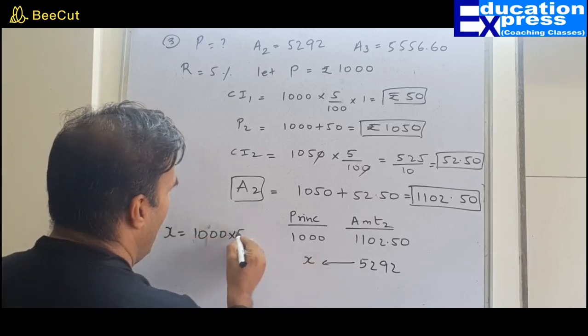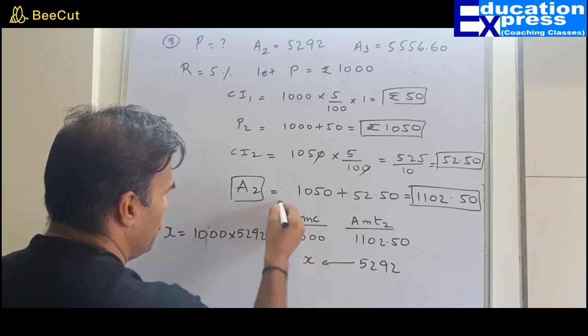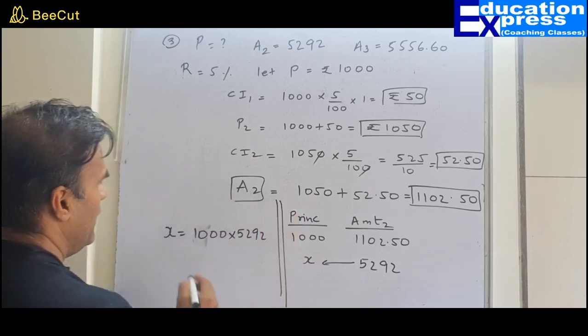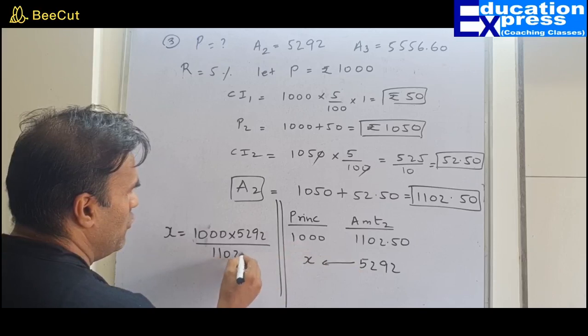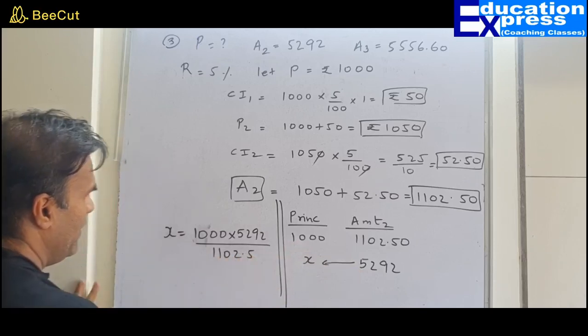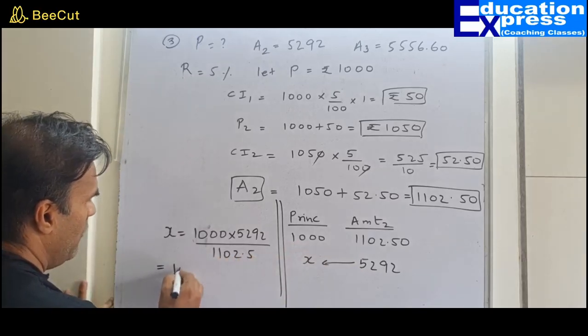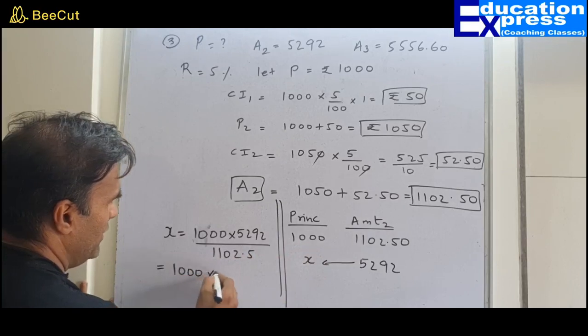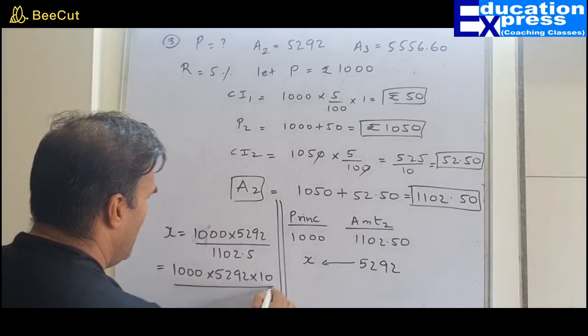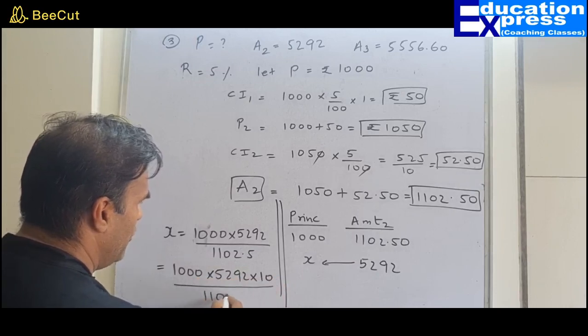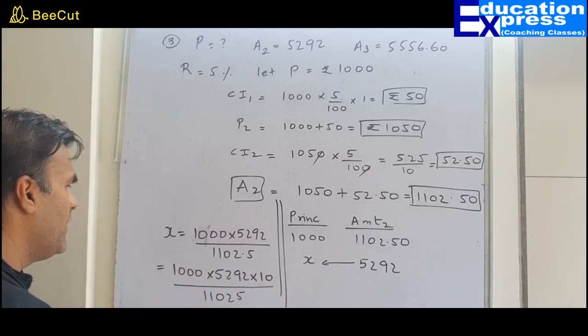Multiply by 5292 divided by 1102.50. So basically 1000 into 5292 into 10 upon 11025.